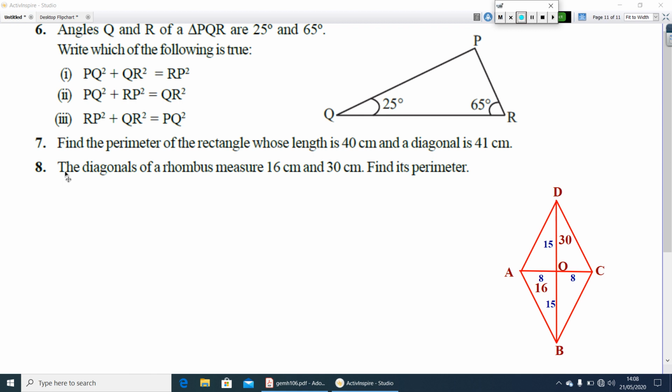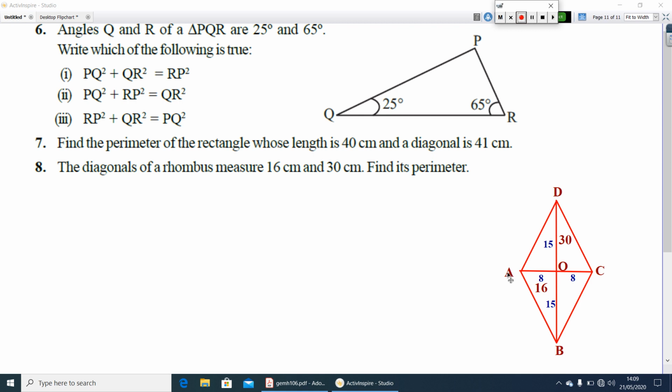Look at the next question. The diagonals of a rhombus measure 16 centimeter and 30 centimeter. Find its perimeter. For a rhombus all the sides are equal. So if you find out one side, 4 into that side is the perimeter. One more property is there for a rhombus, that is diagonals bisect each other at right angles. Let O be the intersecting point of the diagonals.